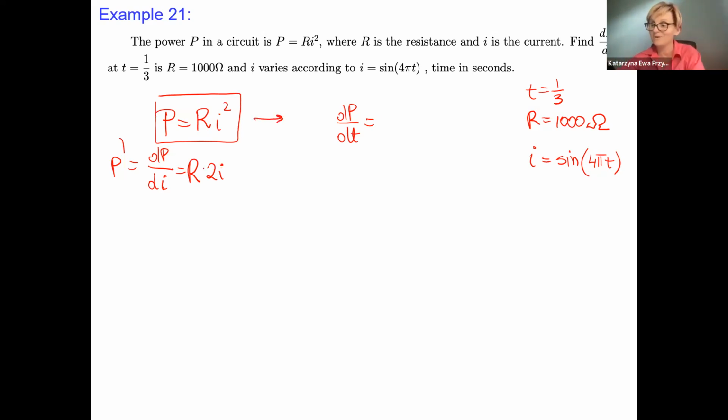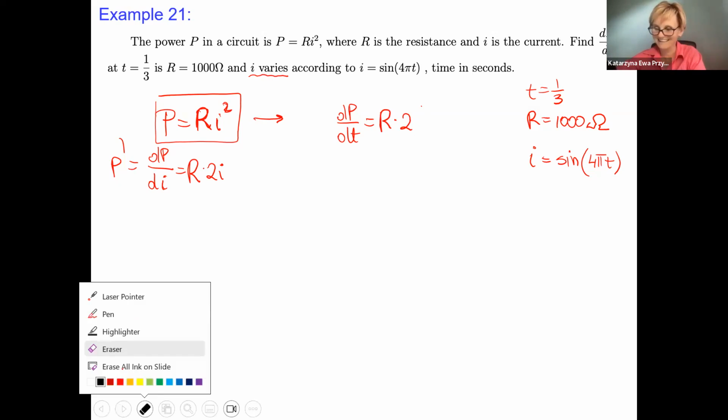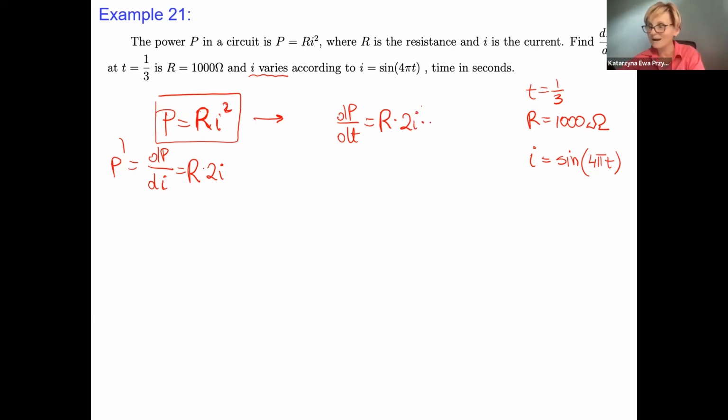Now we will copy the derivative of R I squared. Copy R because R is constant. I is not constant, it is changing. The derivative of I squared is 2I, times I prime.